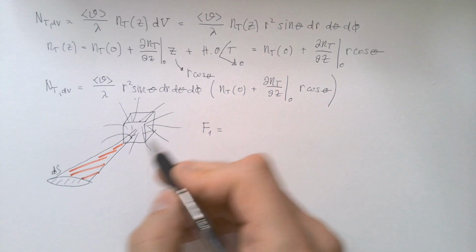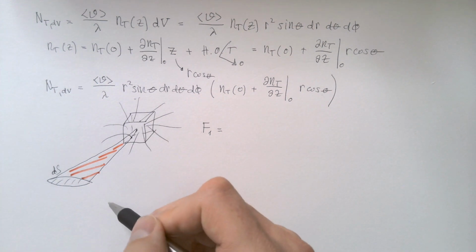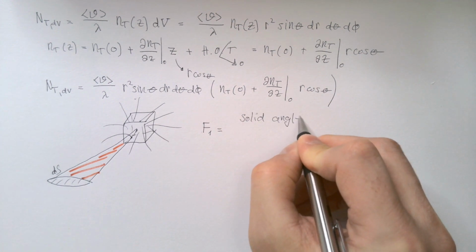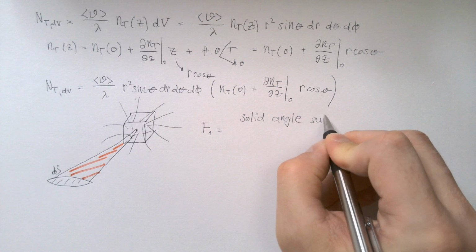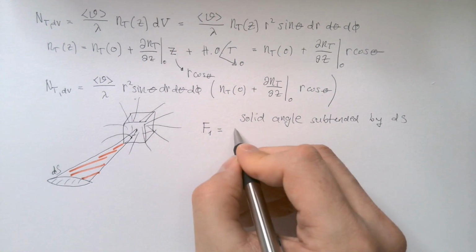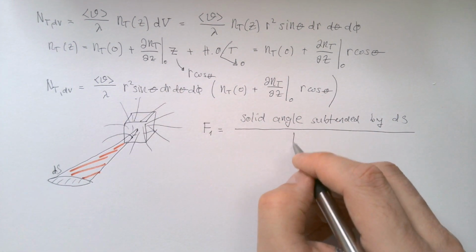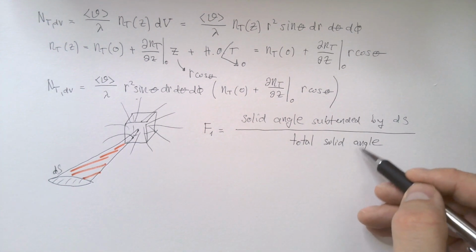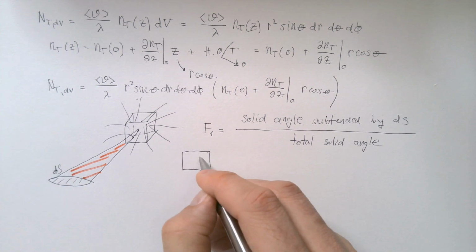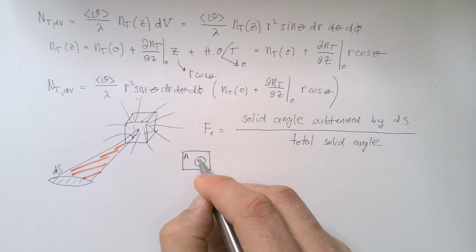So we will say that the fraction of particles that leave dv in the direction of ds is the solid angle subtended by this surface ds divided by the whole space, which is the total solid angle. A nice analogy for this is, imagine you have a board, and that board has area A, and you have some smaller sub-area, small a.